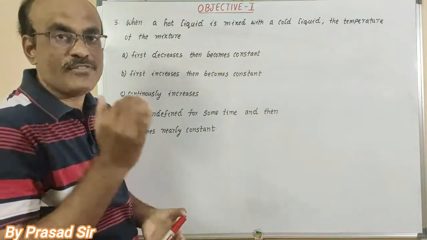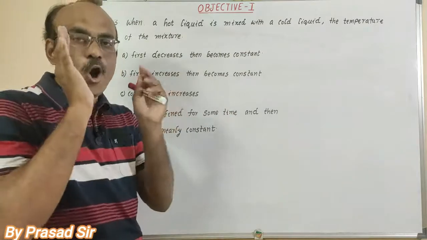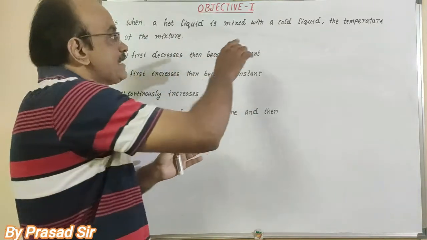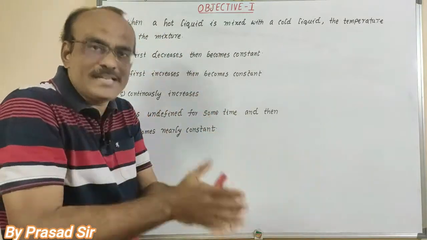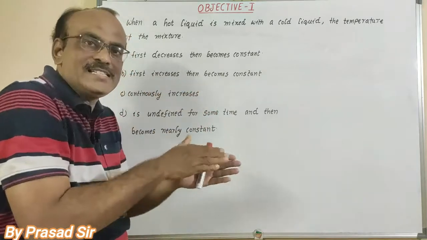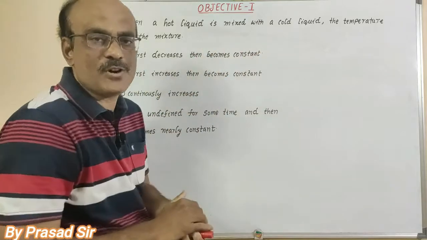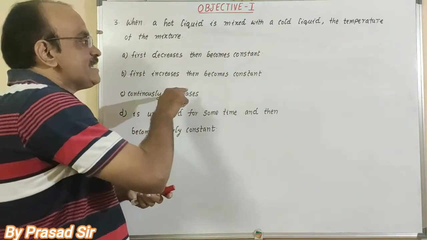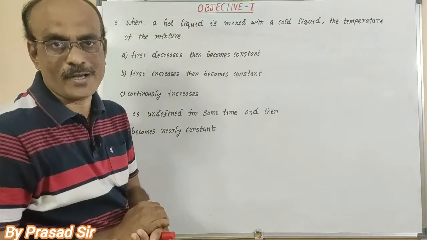Observe this one. First check the first option: first decreases then becomes constant. A hot liquid is mixed with a cold liquid, and for the temperature of the mixture we can't say whether it increases or decreases. So that's why this is the wrong option. Then B, first increases then becomes constant, we also can't say this properly.